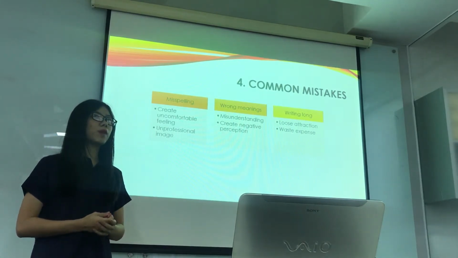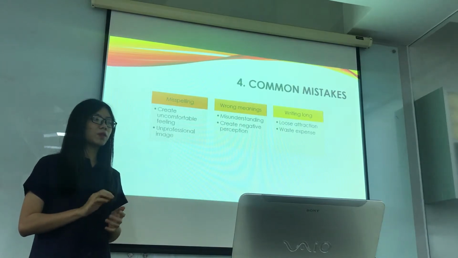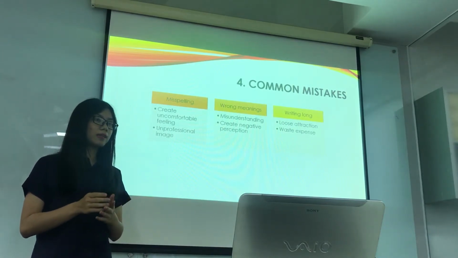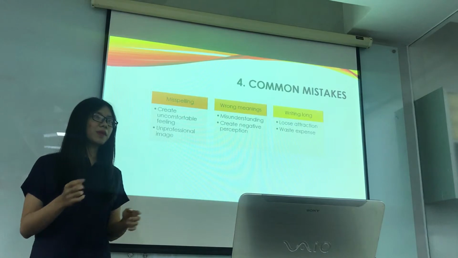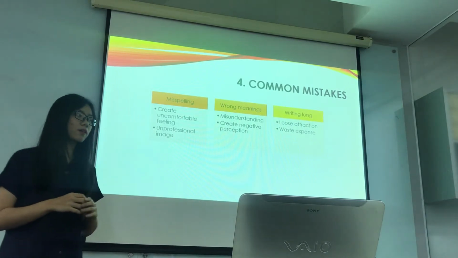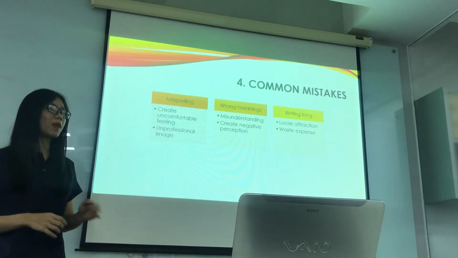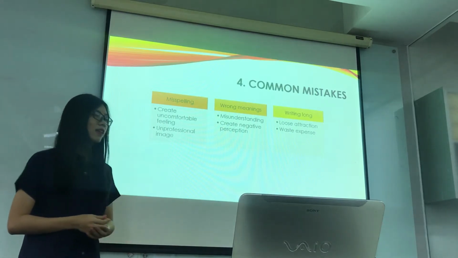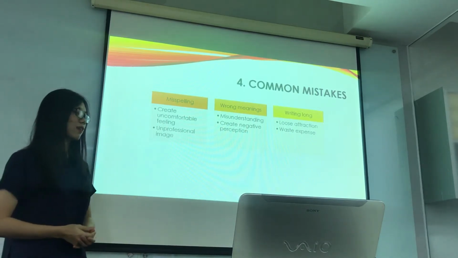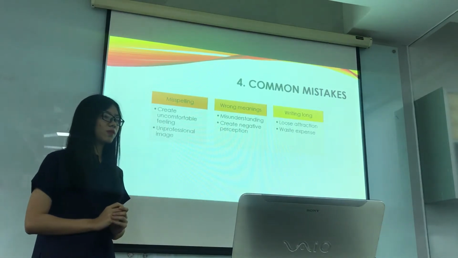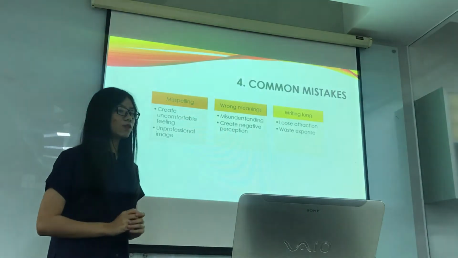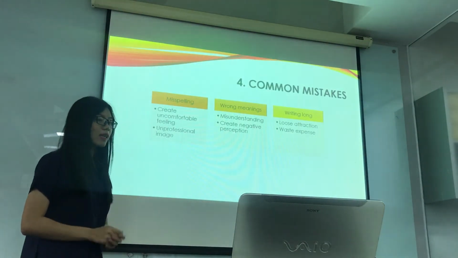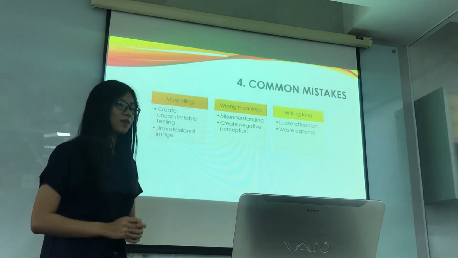But when the title of the product is put together, like kids desk, it sounds like you sell your desk only for black kids, and it means racist. And this is a true case in real life. So you must be very careful, because it leads to misunderstanding and creates a negative perception.